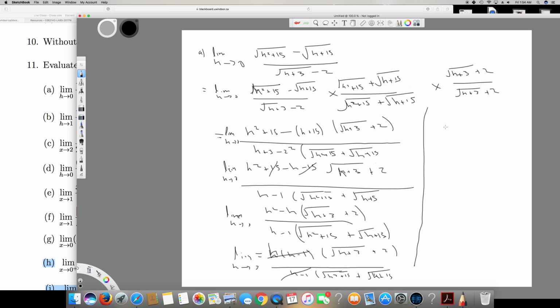So if I write that one here, limit h approaches 0, h square root of h plus 3 plus 2 over square root of h square plus 15 plus square root of h plus 15. So in this case, now I'm gonna put the 0 directly. So if I put 0 for h, 0 multiplied by this one 0, 0 divided by this one 0, therefore answer is 0.